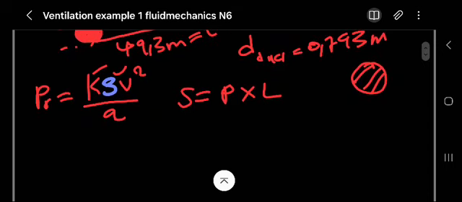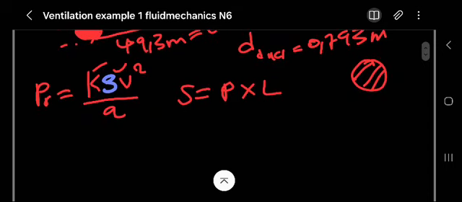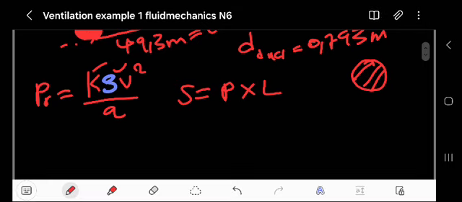You must know how to find the perimeter of the circle, right? The perimeter of the circle is equal to diameter multiplied by pi, or pi multiplied by diameter. It's one and the same thing. This is how you calculate the perimeter of the circle, right?